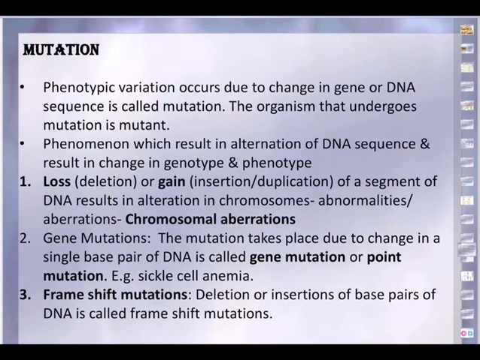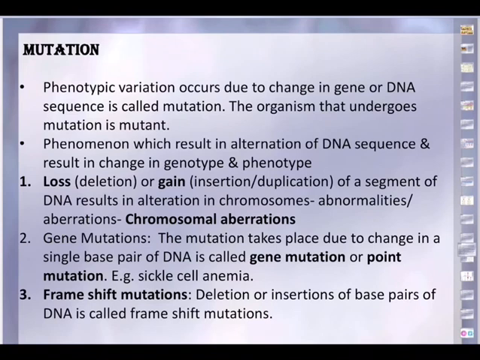For example, if you take one base pair of nitrogenous bases, I said always one purine combines with one pyrimidine, like adenine with thymine, or guanine with cytosine. If there is any mutation, it's called point mutation.